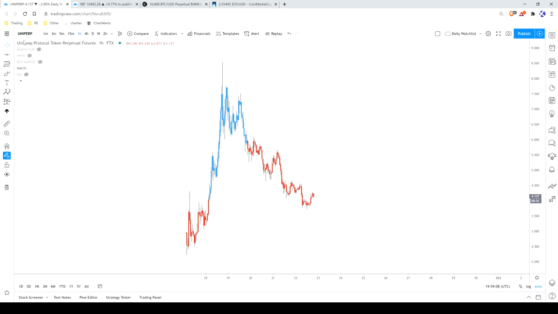We have a very clear downtrend. Until these downtrends break, I'm not interested. If we start doing something like this, then I'm interested again.